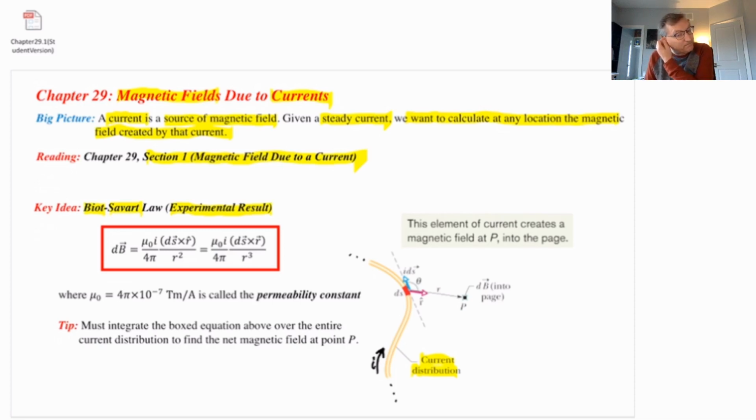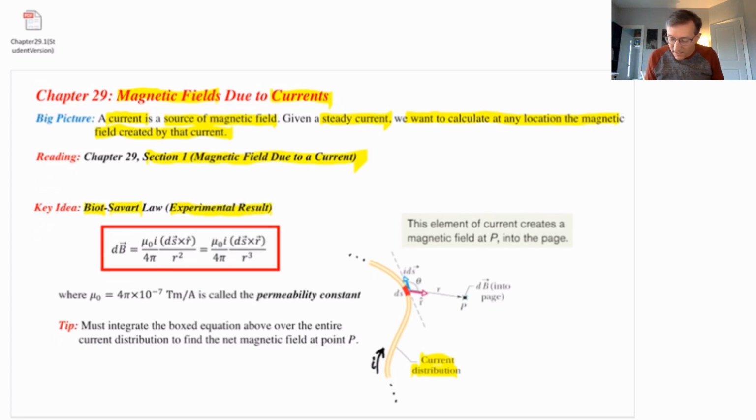in this wire. And the experimental result says that you have to immediately jump into calculus. That is to say, you have to imagine breaking up the wire into a whole bunch of little tiny pieces, each of length ds. And you have to calculate the magnetic field contribution, dB, at point P from that little piece ds.